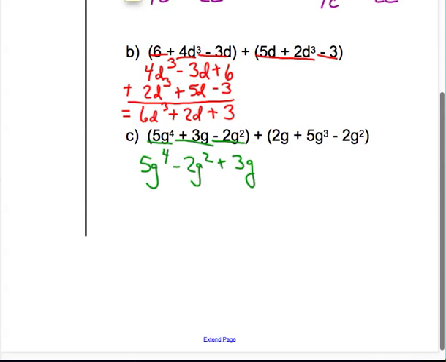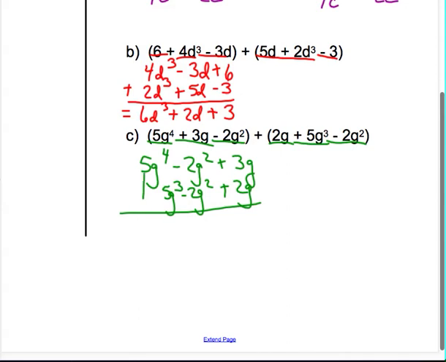My second one, when I'm putting this in standard form, I've got 5g cubed, and I do not have a cubic term on my first polynomial. So I'm going to kind of squeeze that between the fourth and the second powers. And then I've got a minus 2g squared plus 2g.